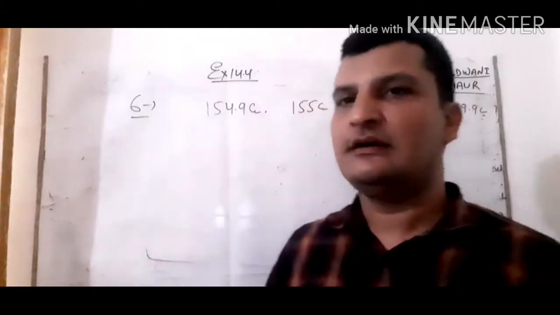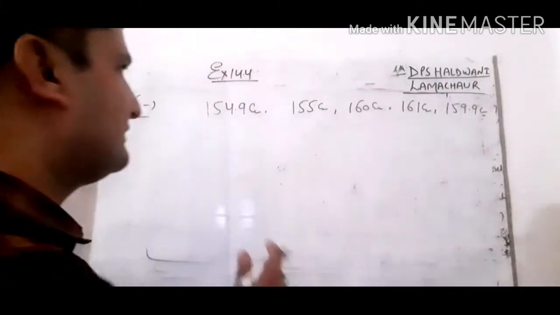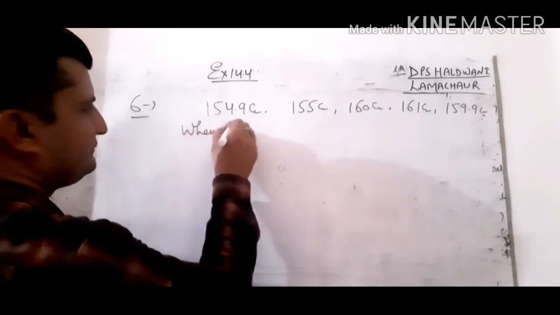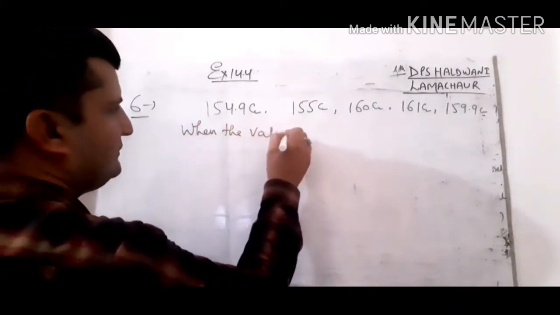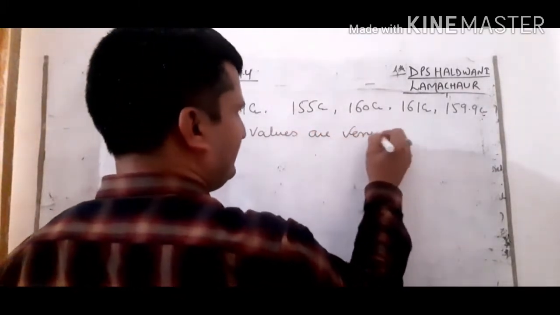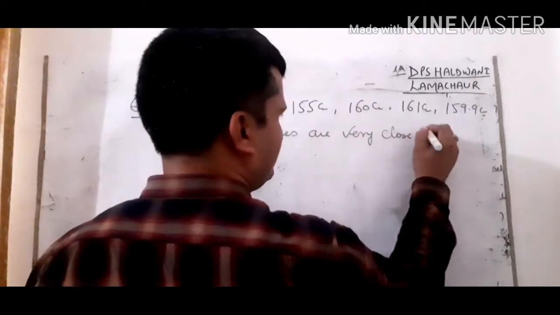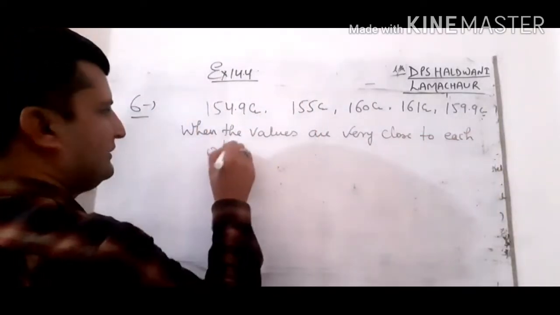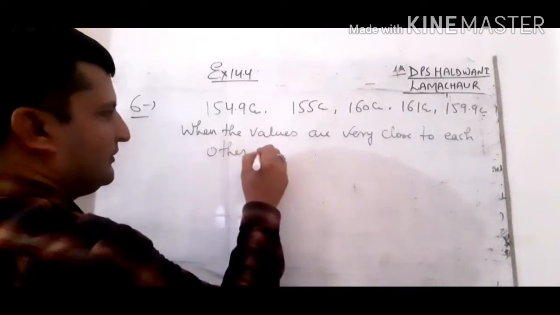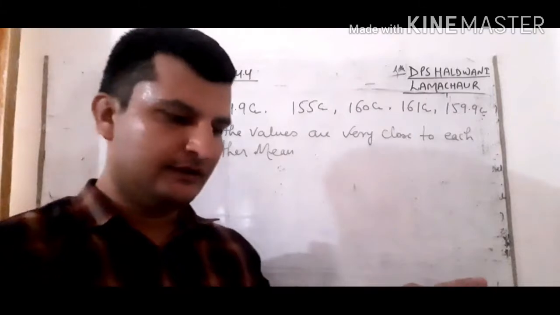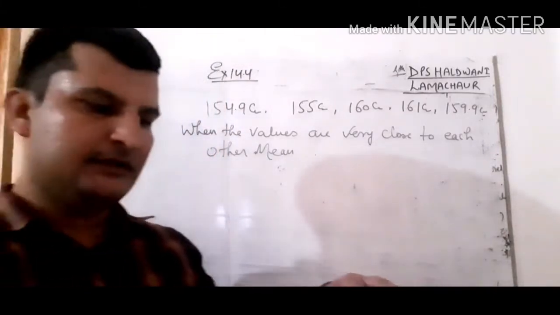So we can say that when the values are very close to each other, the mean is an appropriate measure.